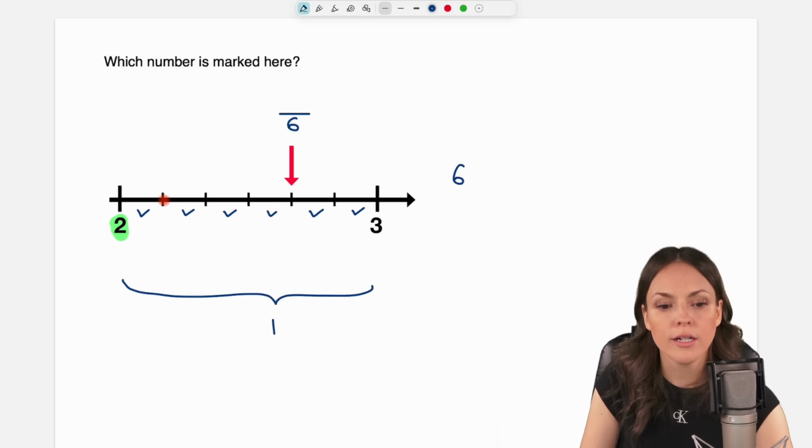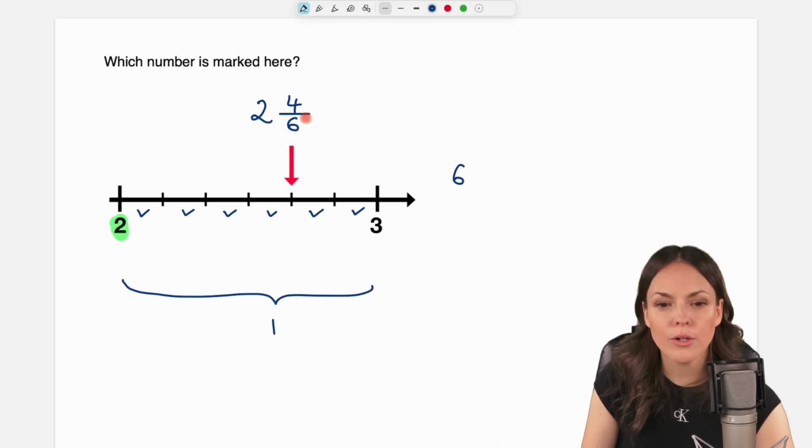So we have 1, 2, 3, 4 steps to get here, so the 4 is our numerator. But because we started at the 2 and not a 0, we have to take the 2 and write it in front of our fraction here so that we have a mixed number now. It is 2 and 4 over 6.